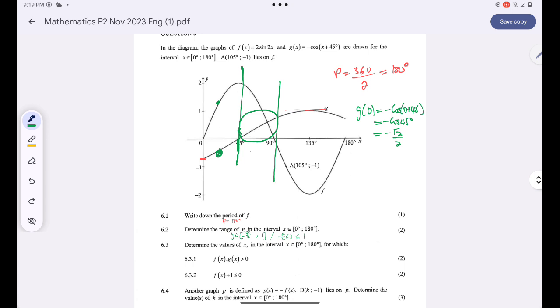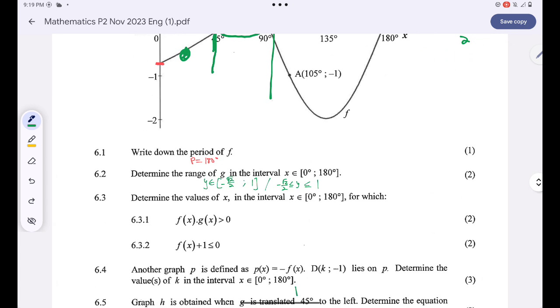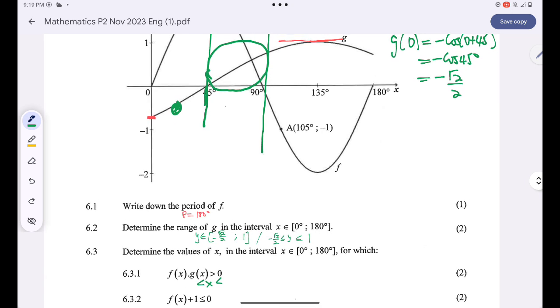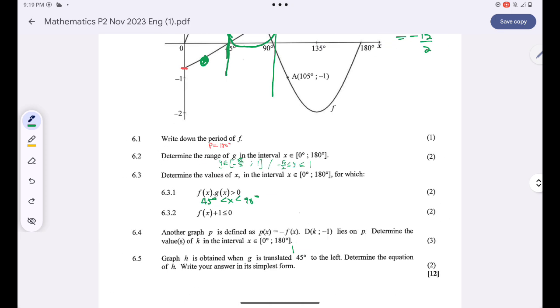And then whenever I move to the right, I can see that the graph of f is below and the graph of g is above. So the only solution here, x has to be between 45 degrees and 90 degrees.